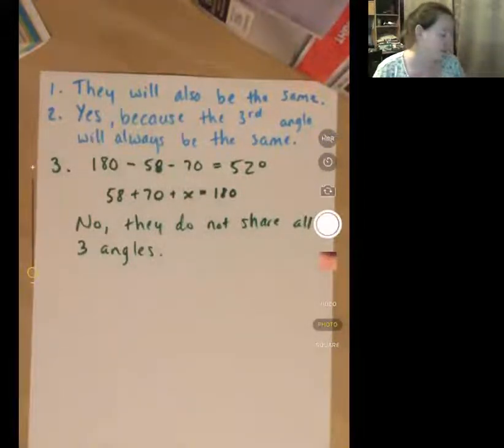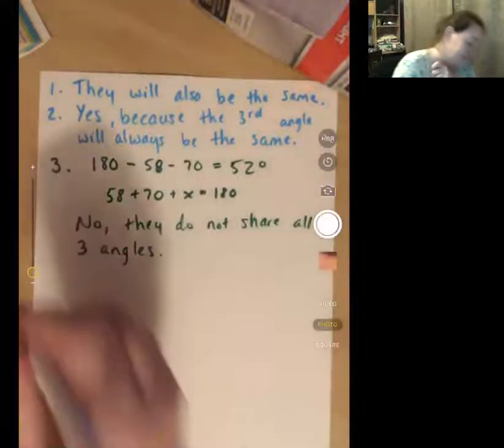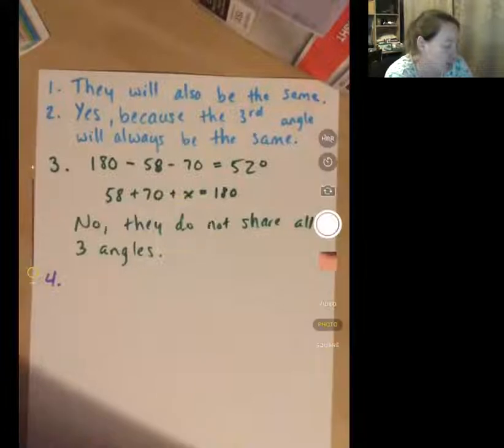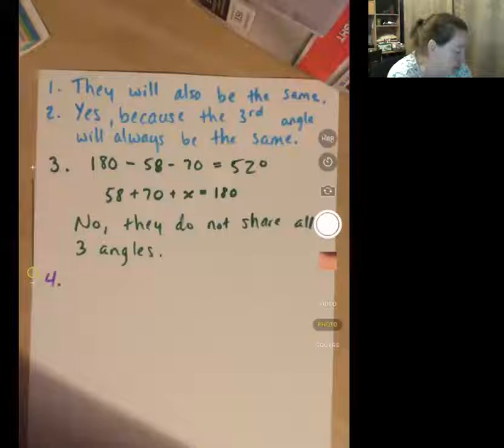Okay, so number 4. Let's check out what this is asking us. Suppose you set up a proportion so each ratio compares parts of one triangle as shown below. The height of ABC and the base of ABC, the height of ADE and the base of ADE.